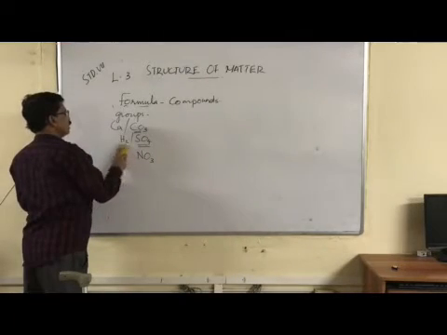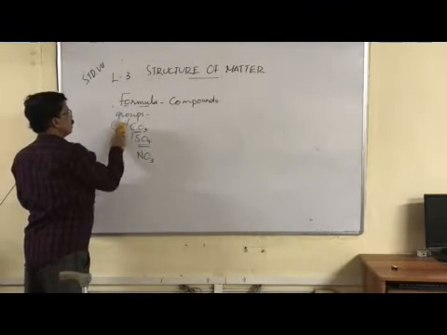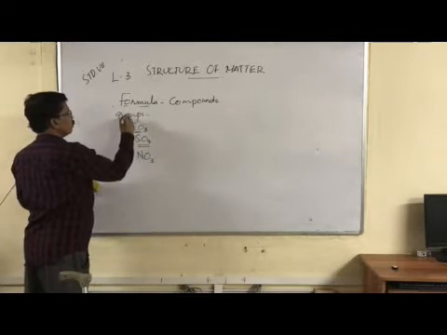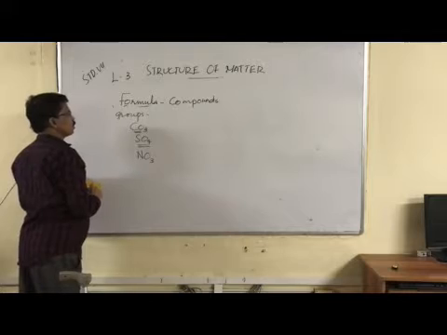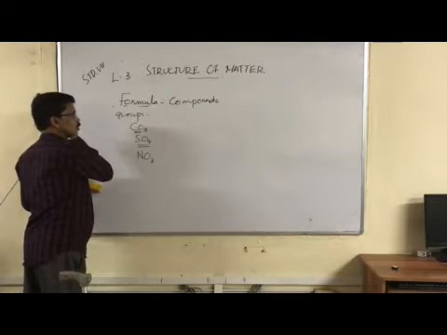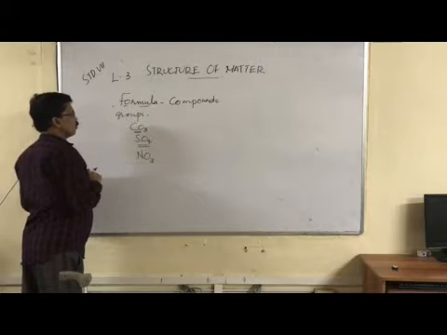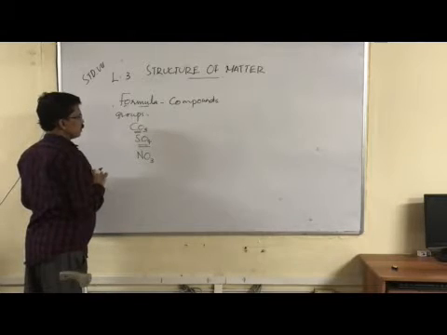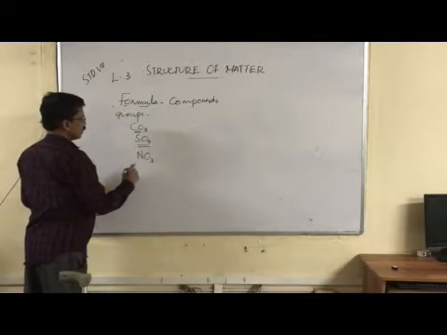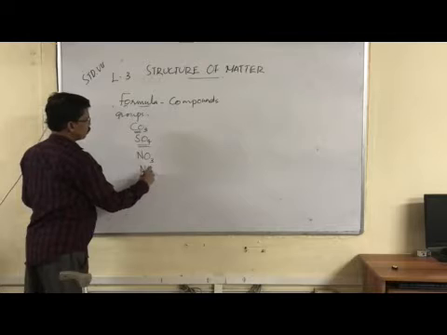Okay, so we can see groups of compounds. There are groups which are given along with the compounds, and the formulas of groups are also given. That is carbonate, sulfate, nitrate, ammonium.